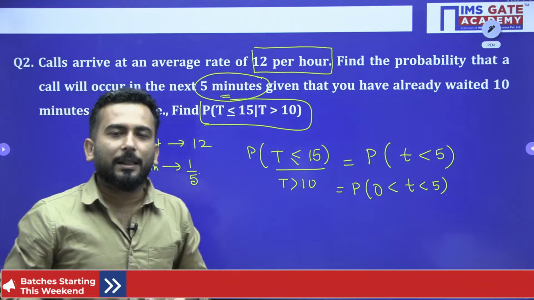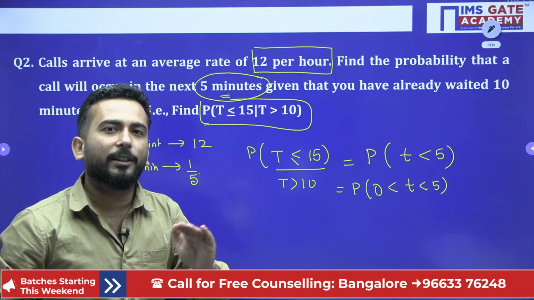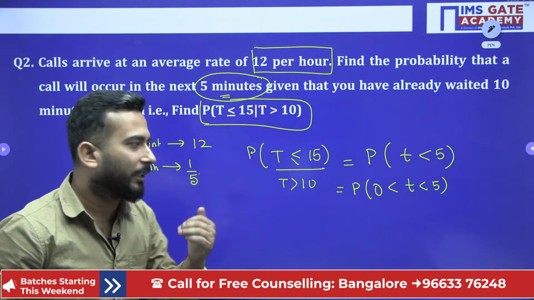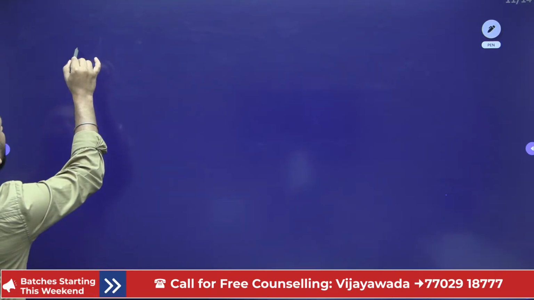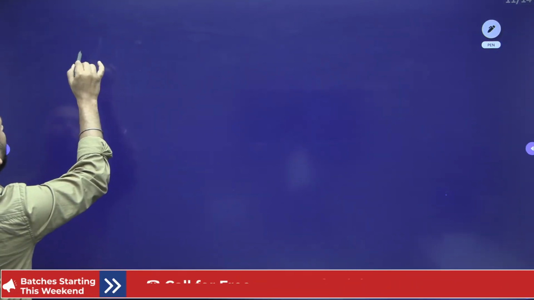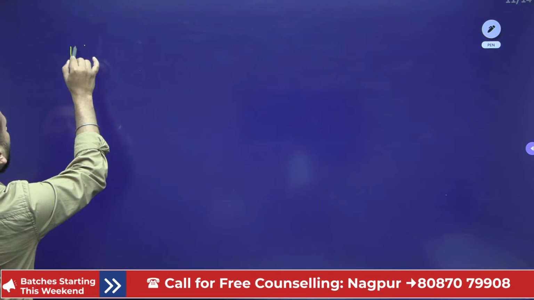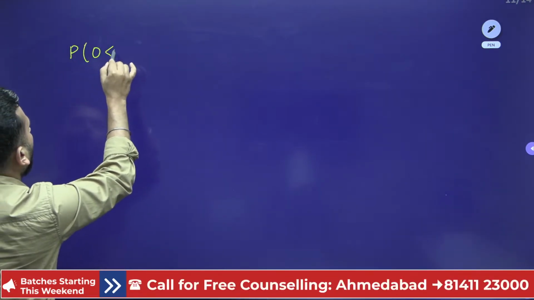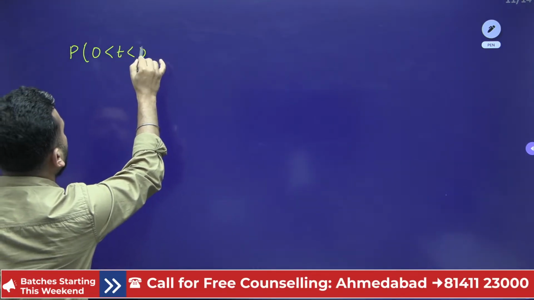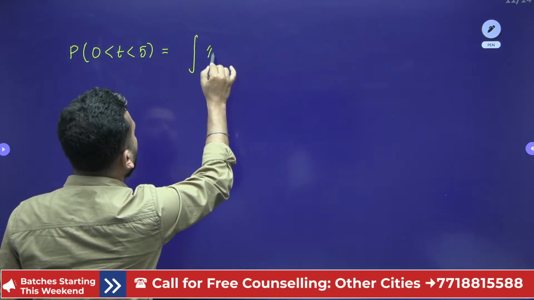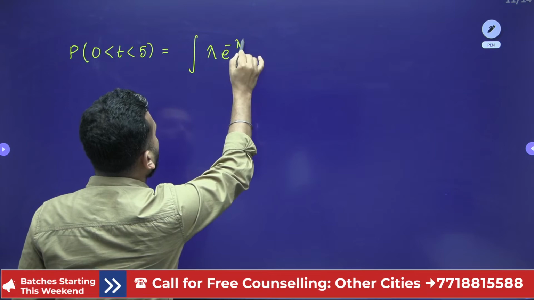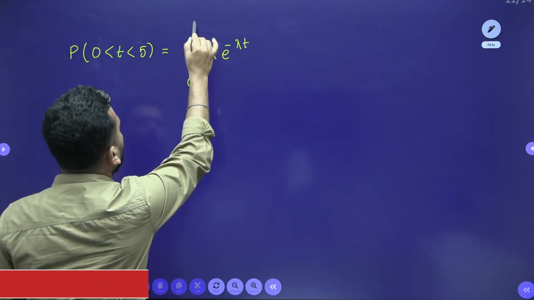Okay, he is asking about time. So for time, which distribution will you use? Exponential. Okay, you will use exponential. So between 0 to 5, clearly the probability is integration lambda e to the power minus lambda t, 0 to 5.